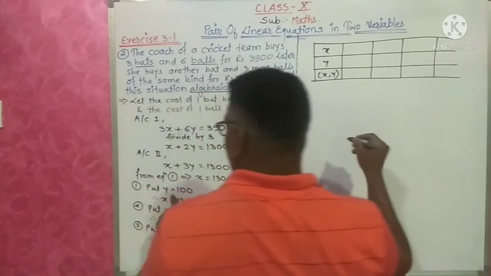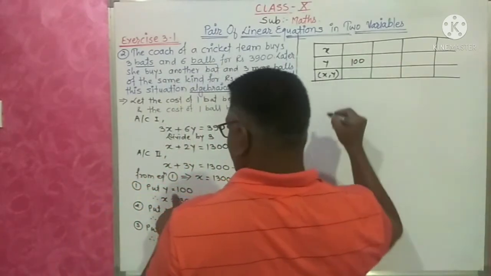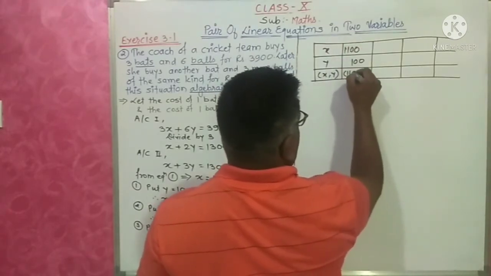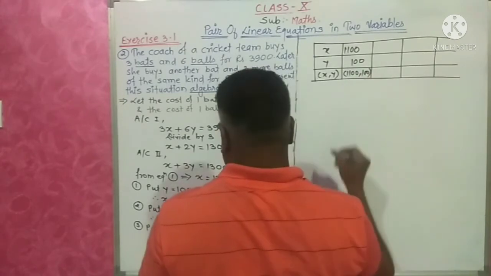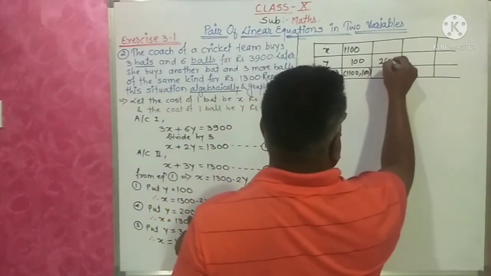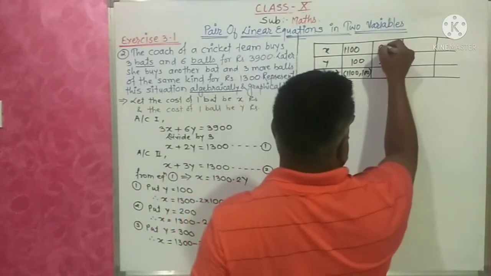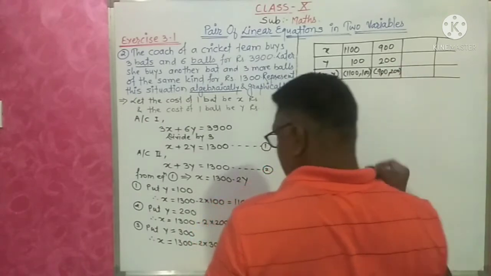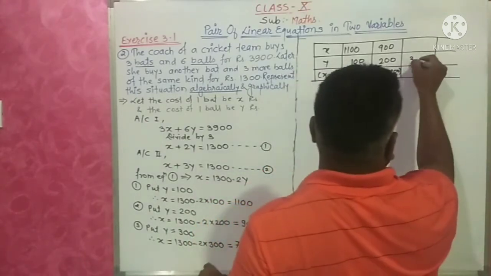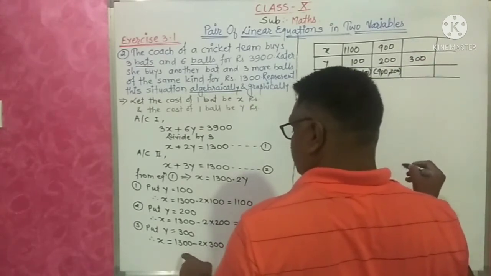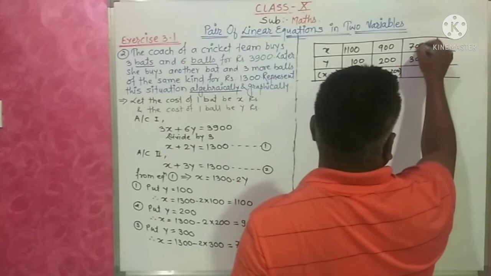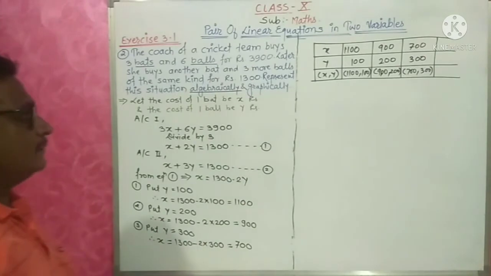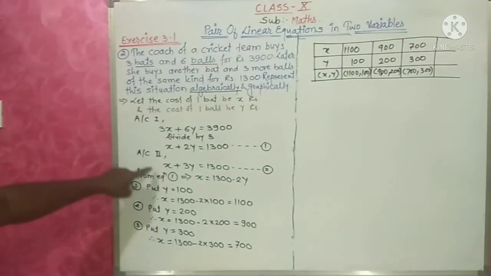For y equal to 100, x is 1100, so 1100 comma 100. Then 200, 900, so 900 comma 200. Third, 300, 700, so 700 comma 300. Got the first table.